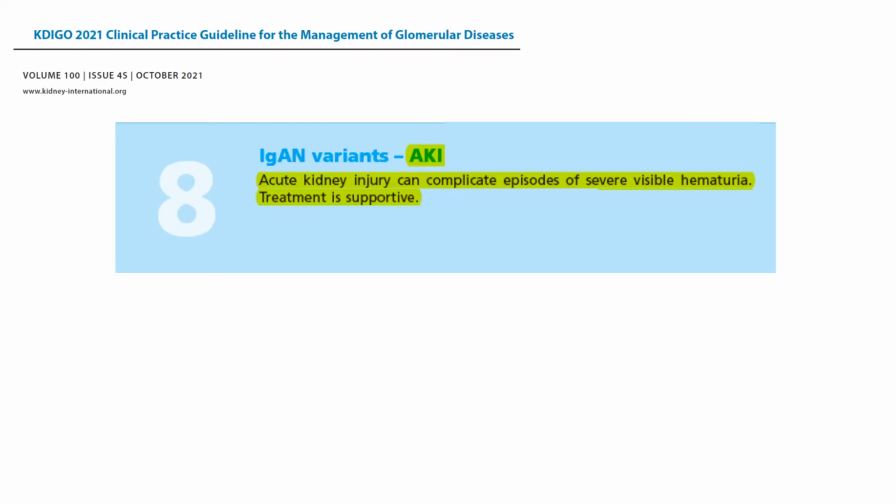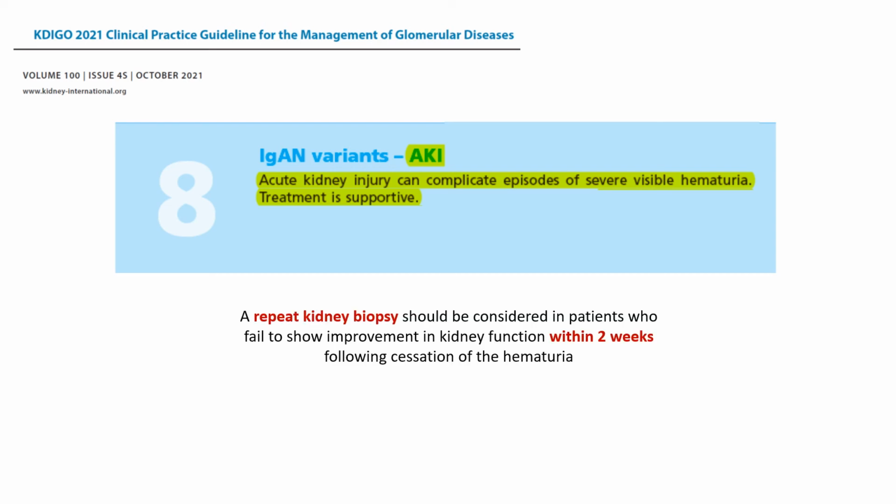Second variant of IgA is IgA with AKI. In these cases, there is severe visible hematuria that blocks the tubules, and the patient gets ATN. You will treat these patients only with supportive care and a lot of fluids, according to volume status.